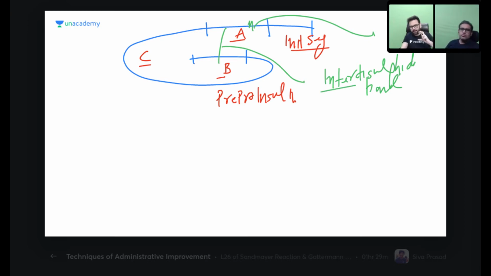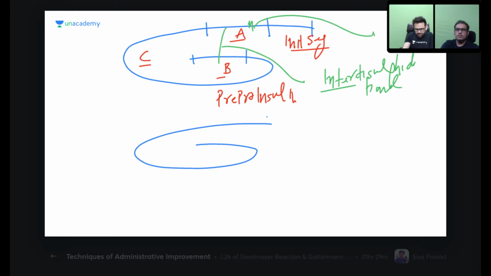So there can be inter between A and B, and there can be an intradisulfide bond. Now after that, what is this? If you remove the initial segment and you are having only A, B, and C, this is actually called as proinsulin.